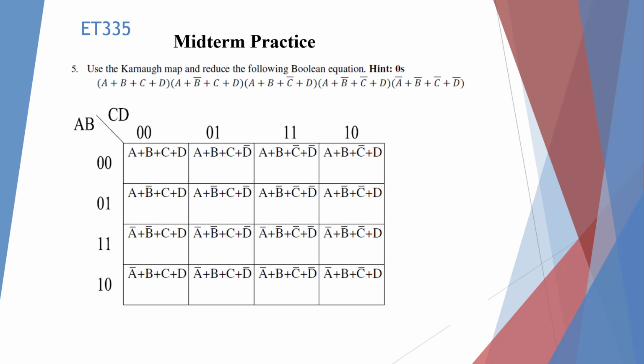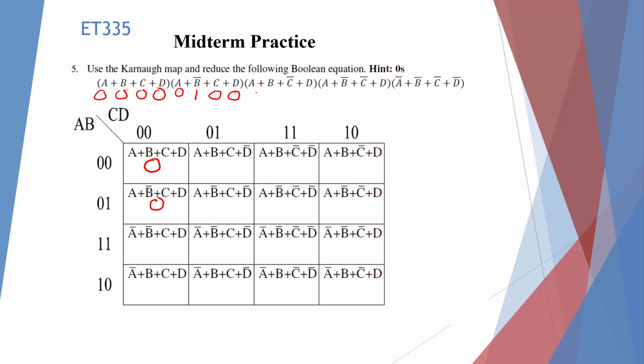Here we have a new Karnaugh map. This one would be a product of sums where we're going to evaluate out the 0s. So we're going to have a 0, 0, 0, 0, so that's going to be here. Then we have a 0, 1, 0, 0, which is going to be here.